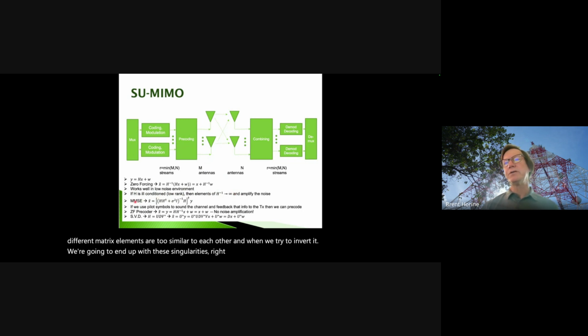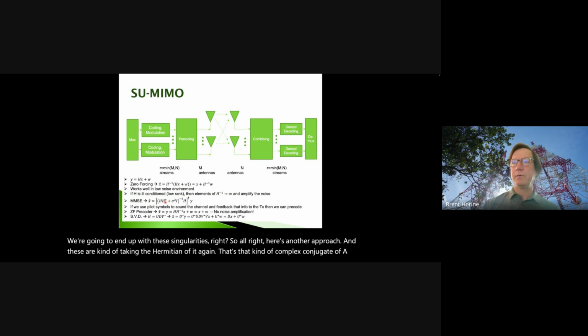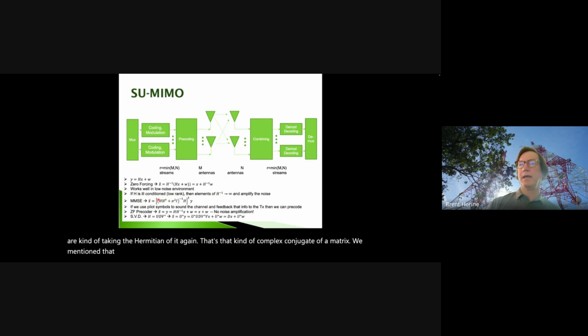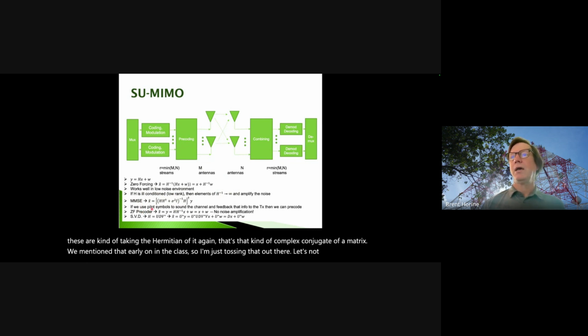So, all right, here's another approach, and this involves taking the Hermitian of it. Again, that's the complex conjugate transpose of a matrix. We mentioned that early on in the class, so I'm just tossing that out there. Let's not talk about that too much.